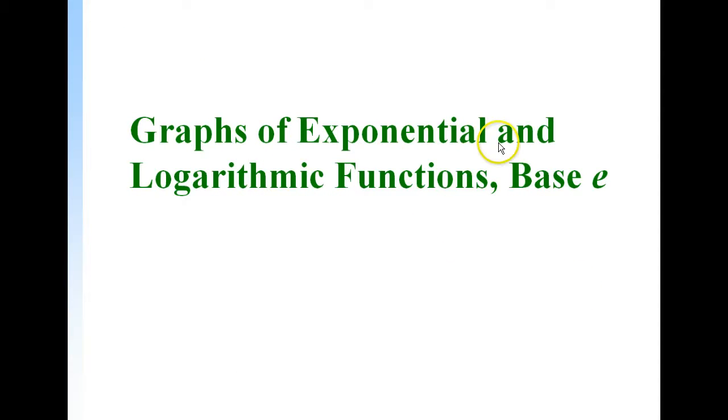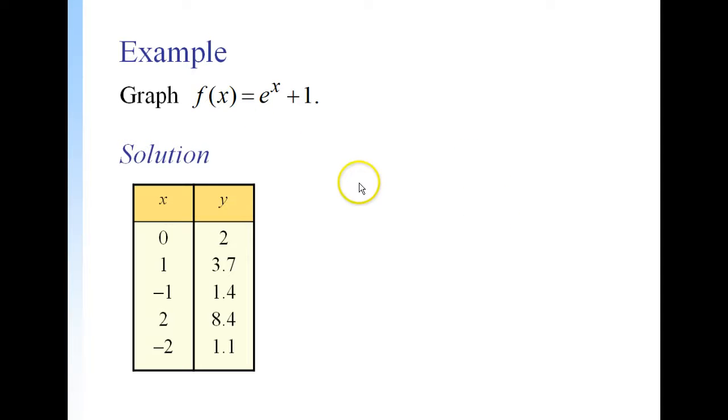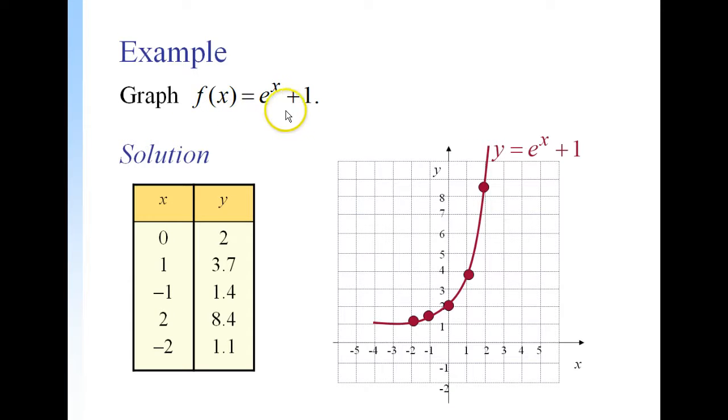All right, graphs of exponential and logarithmic functions and base E. Now, for most of these, for those that don't have a graphing calculator, you're going to just have to copy what you see here down. So there's a little table in which we put values for, this would be our Y, this is our X, and E we have in our calculator.